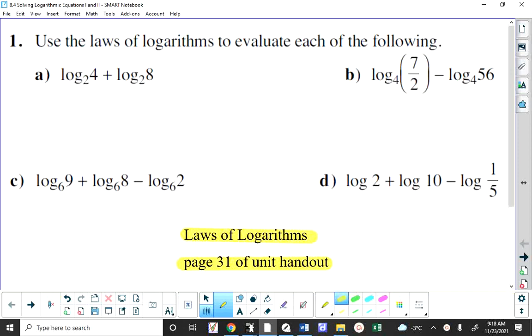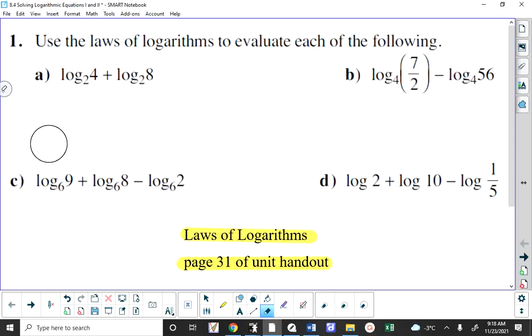Good morning. Let's take a look at the problems that you have. The laws of logarithms are fairly basic. One of them says that the logarithm of a product, if I ever write ln, let me know if I don't catch it. There's another type of logarithm that we use in calculus, and it's abbreviated ln.